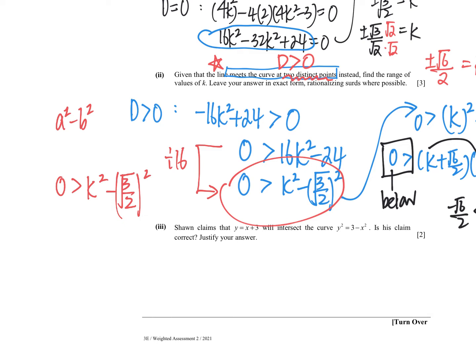If I square a square root, it's the same thing, 3 over 2. So I want to factorize this, right? This is my a squared minus b squared. So I just change to a plus b, a minus b.